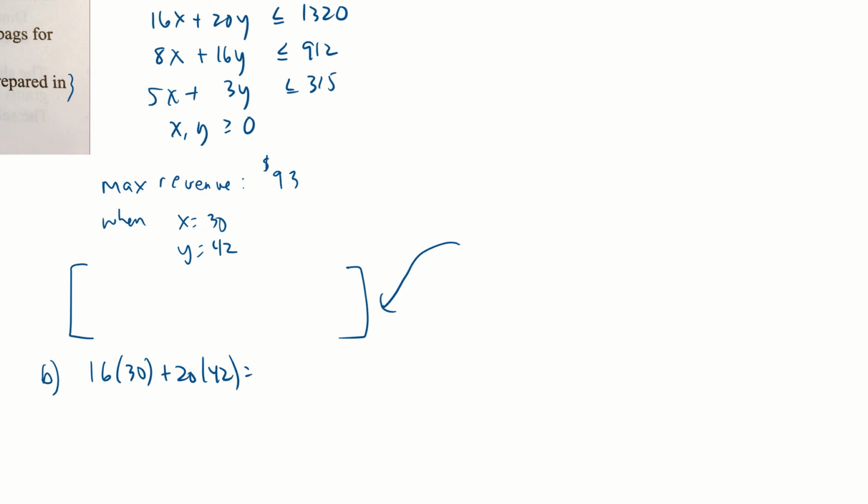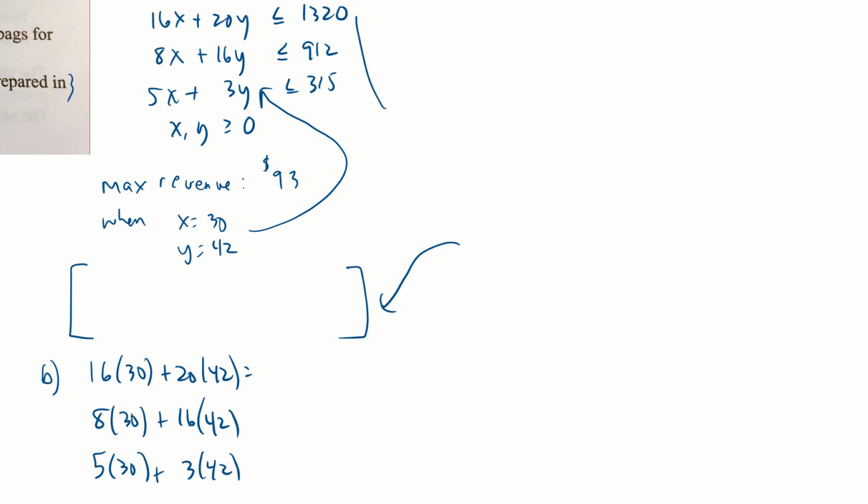What was that? 8 times 30 plus 16 times 42. I'm just plugging these into my x's and y's to see what they end up being, because it asks if all of them were used up. Here's how much I have right here, so I'm going to see what these values are. So I've got 16 times 30 plus 20 times 42, 1320.